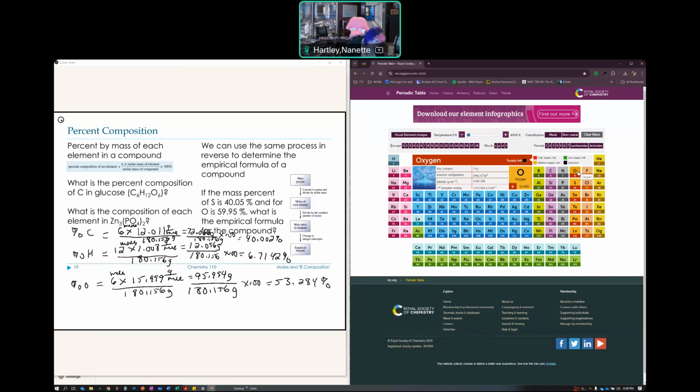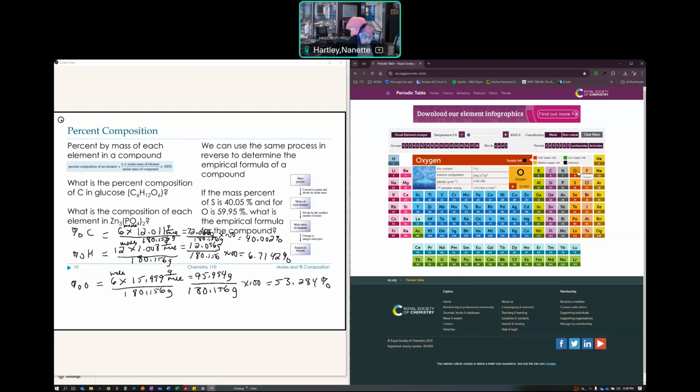And if I do just a rough check, that 40.002 plus 6.712 plus 53.284, I end up with 100.002, which to a very good approximation is 100%. So I'm happy with that.